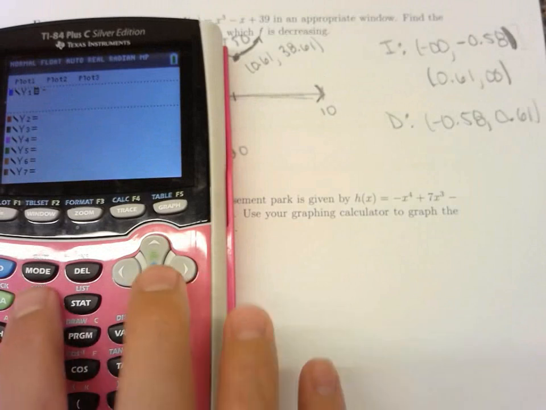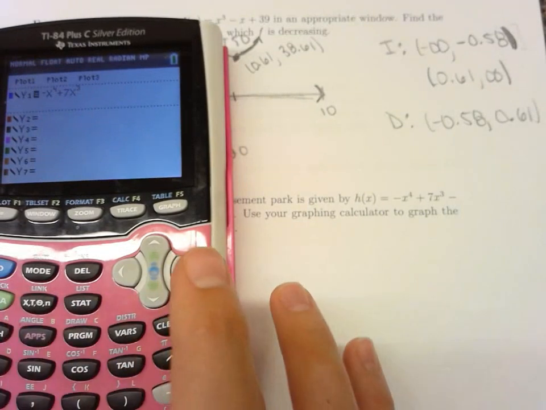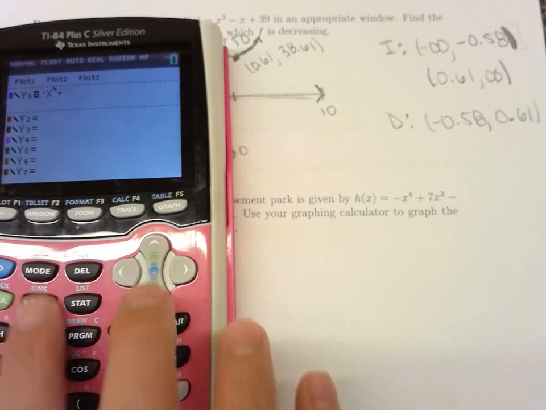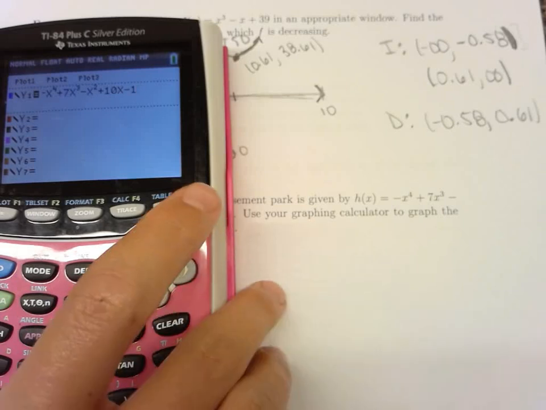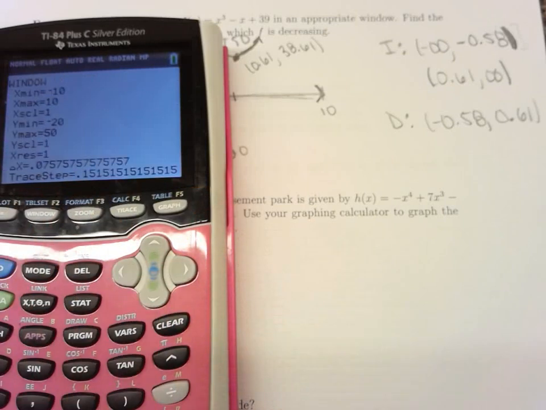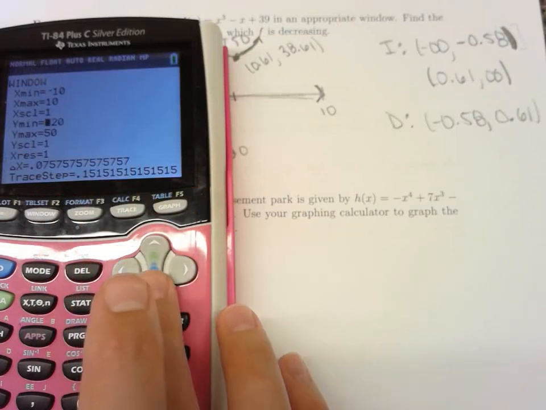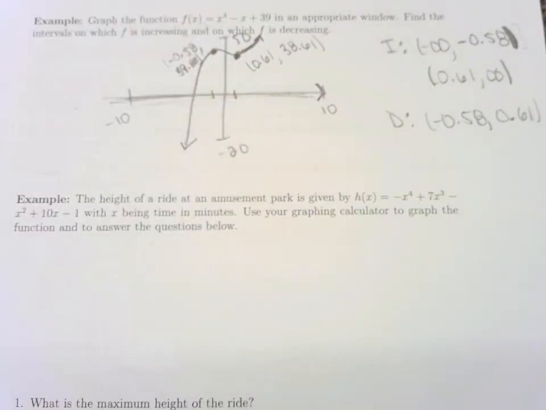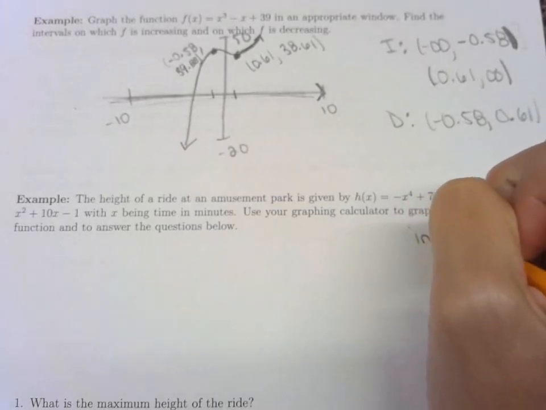Okay, so we have negative x to the fourth plus 7x cubed minus x squared plus 10x minus 1. Window, let's go ahead and use negative 10 to 10, that will be fine. Let's look at this problem first, because I think this window will be better if we look at it.